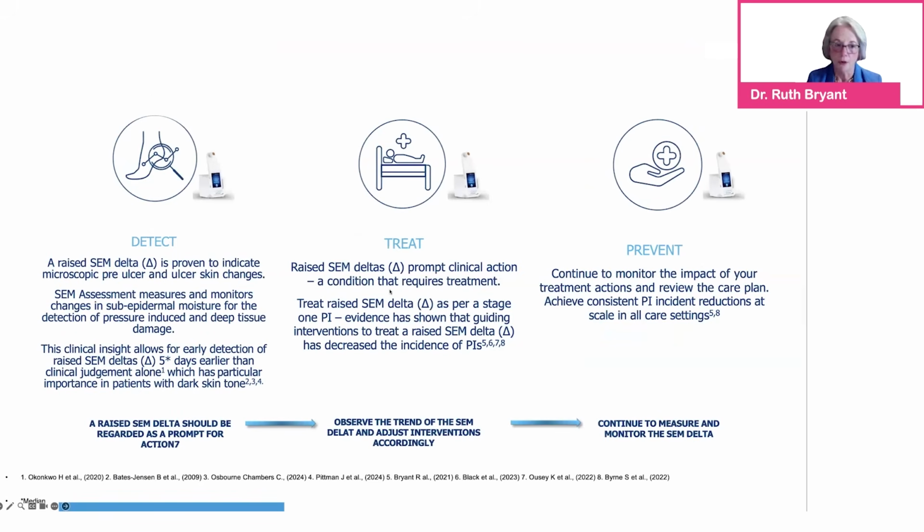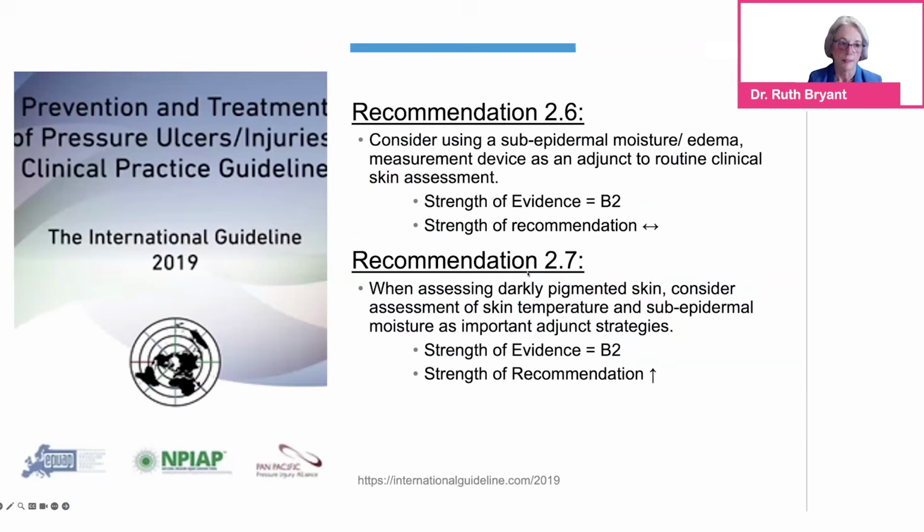So the focus should be you detect, you treat, and then you prevent. That should be the sequence of events for how we would use the subepidermal moisture. And this recommendation for subepidermal moisture has been identified by the International Pressure Injury Guideline since 2019.